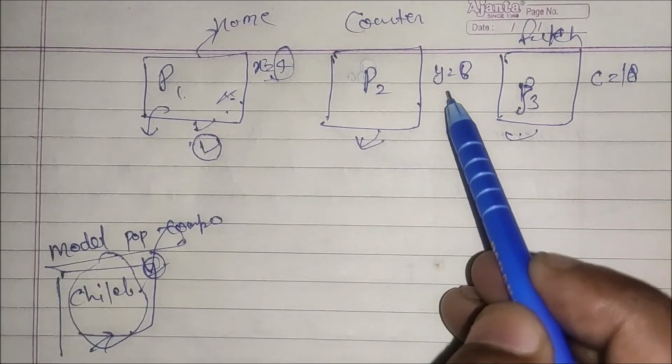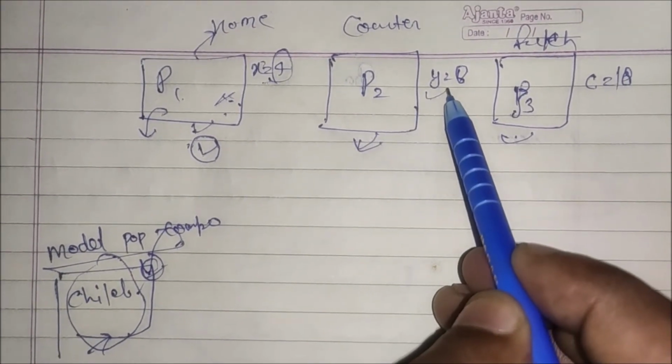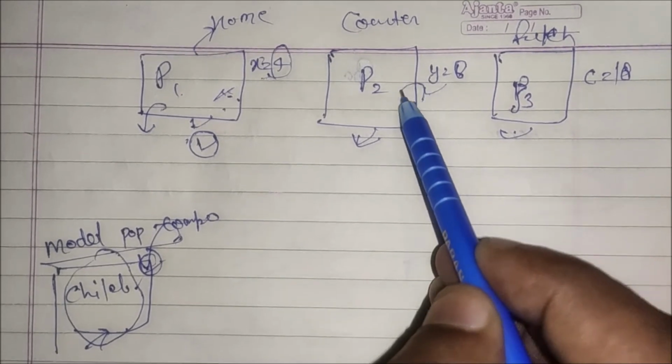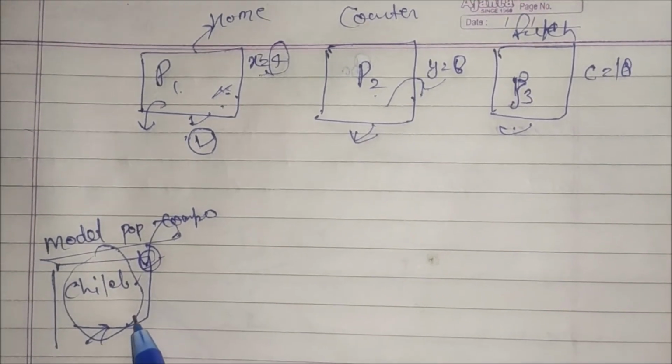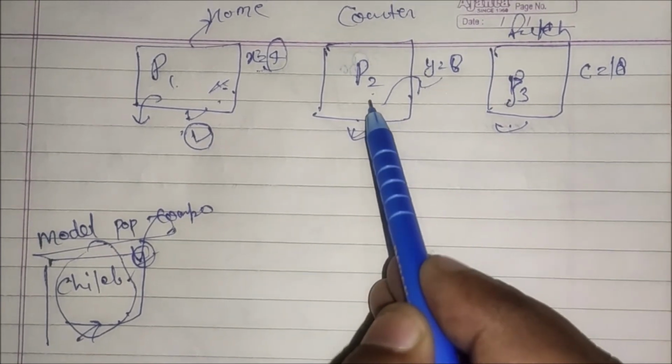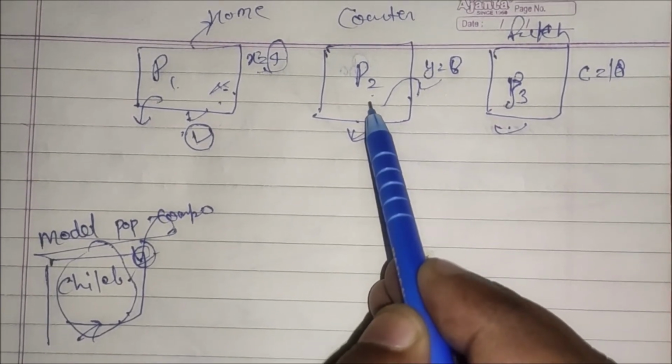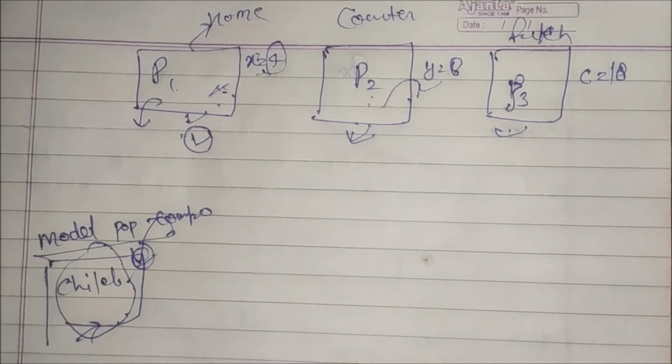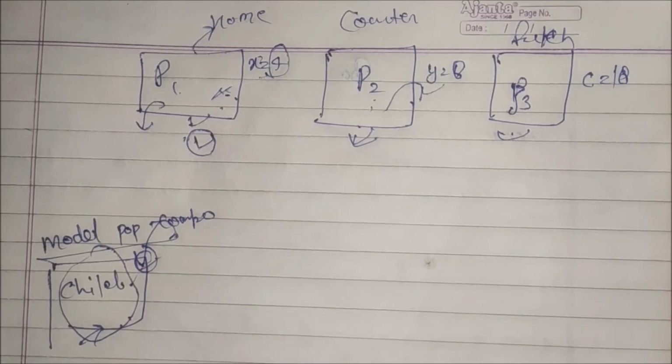Similarly, the y equal to 8 value is sent to the child component when I call the model pop-up from P2, by clicking on this particular button. Let's see how to resolve this type of problem.